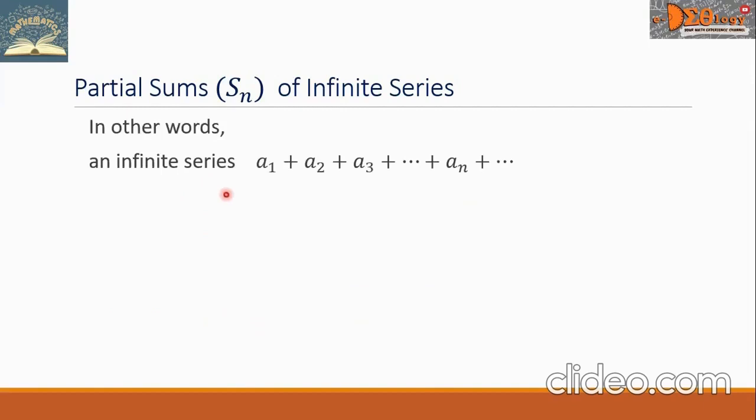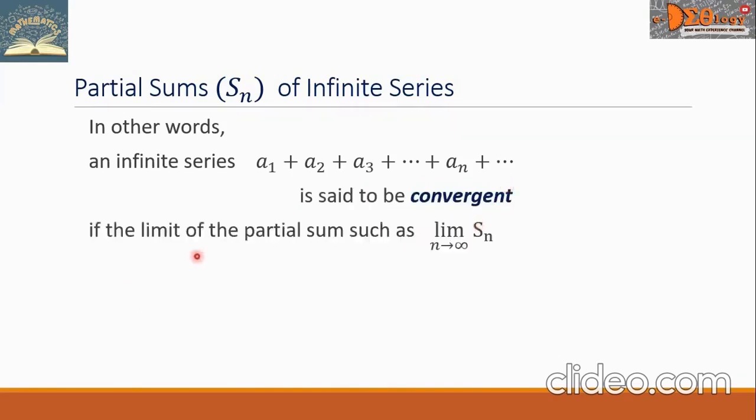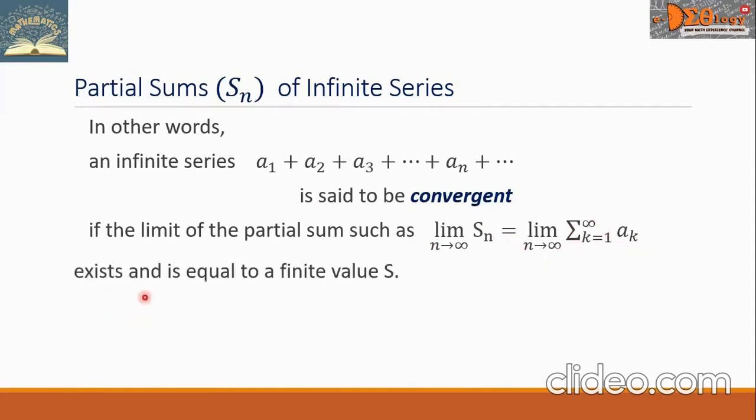In other words, an infinite series a sub 1 plus a sub 2 plus a sub 3 plus up to a sub n plus and so on is said to be convergent if the limit of the partial sums, the limit as n approaches infinity of s sub n, which is equal to the limit as n approaches infinity of the summation from k equals 1 of a sub k, exists and is equal to a finite value s.